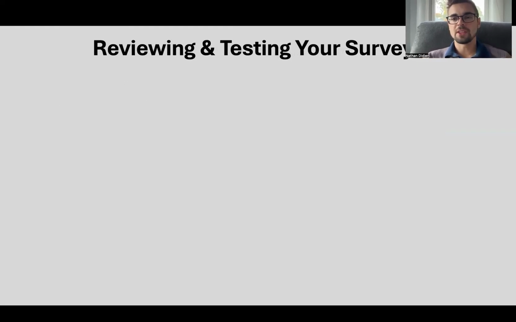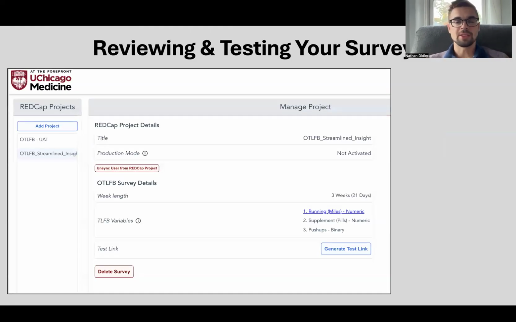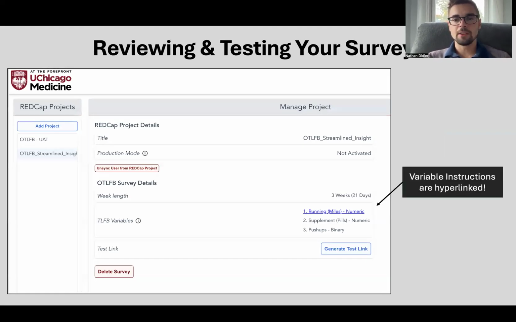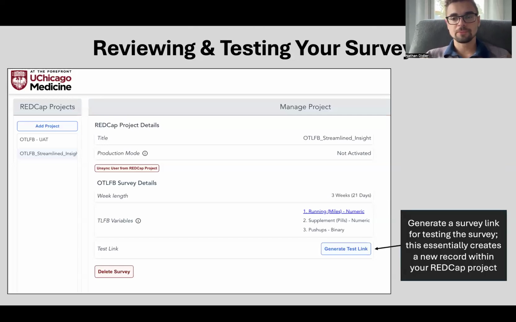So for reviewing and testing your survey, like I said, you can review the project details that are provided in the admin site. The variable instructions are hyperlinked here, so you can check to make sure that that is directing the user properly. You can also generate a survey link for testing the survey.